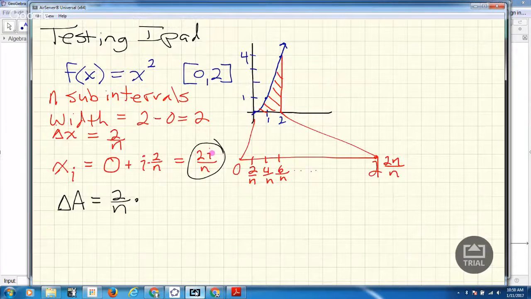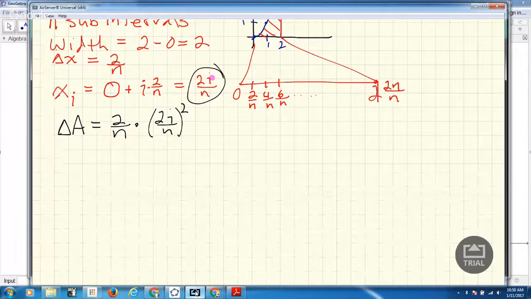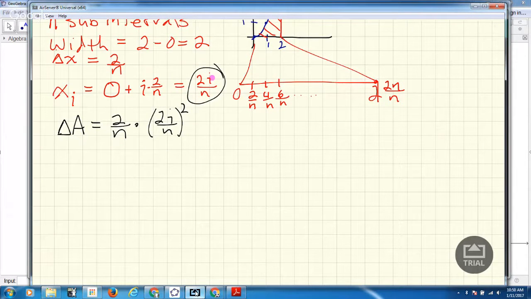Way up there, right there. All right, so that means I'm going to square each of these guys here. So I'm going to have (2i over n) squared. So each rectangle's area is going to look like that. So then I need to add those suckers up.